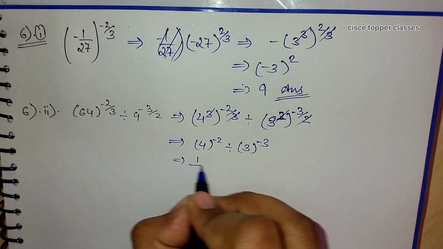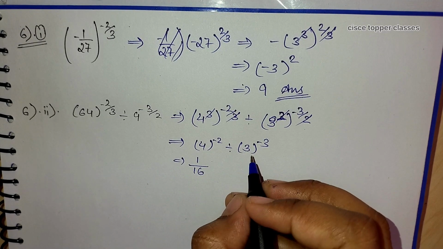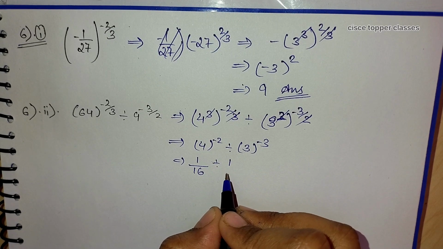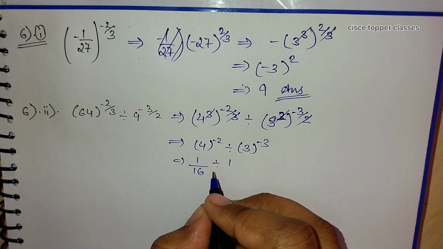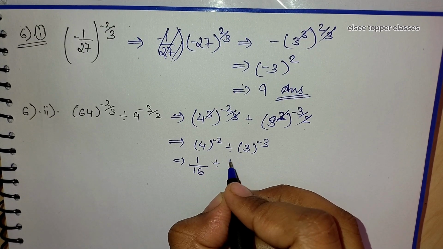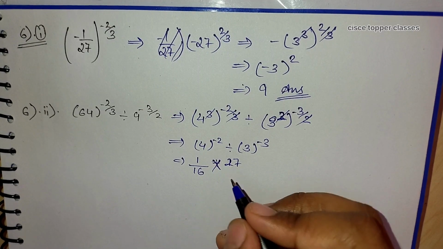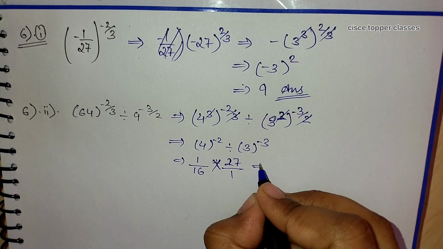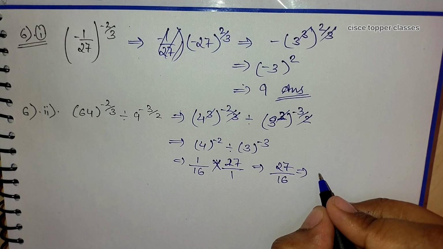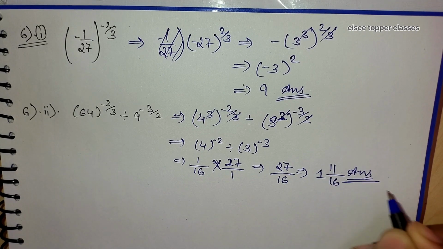So 1 by 16, and here divided by 1 by 27. If we divide by 1 by 27, 27 will come in as multiplying. So now we can write it as 27 by 16, and on solving this we will get 1 11 by 16 as the final answer in this question.